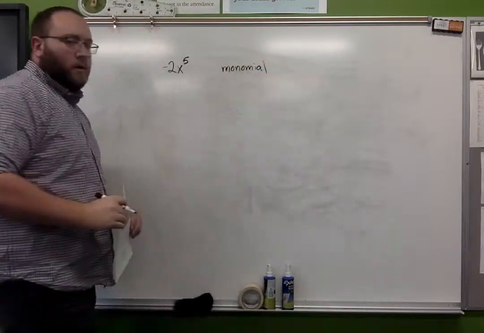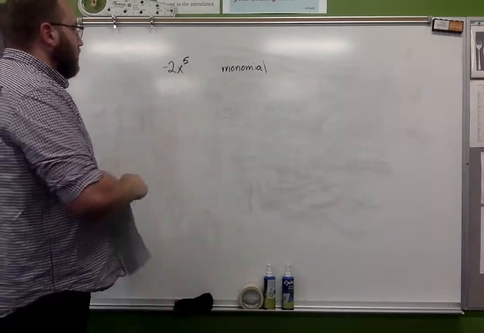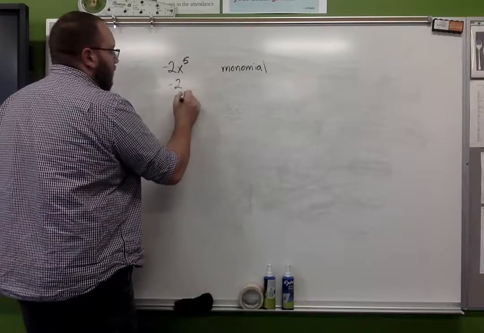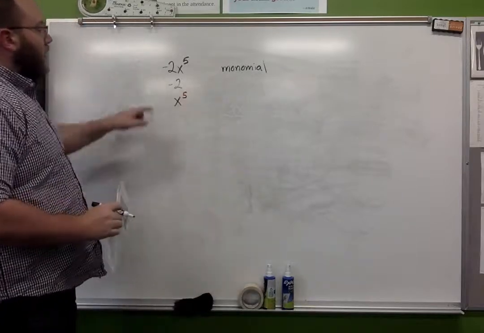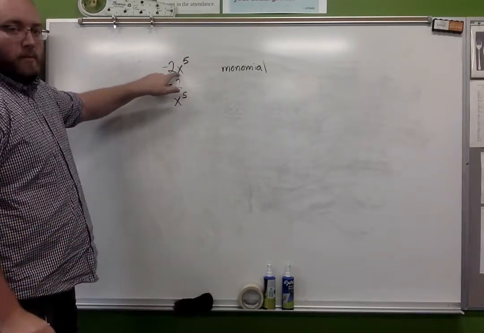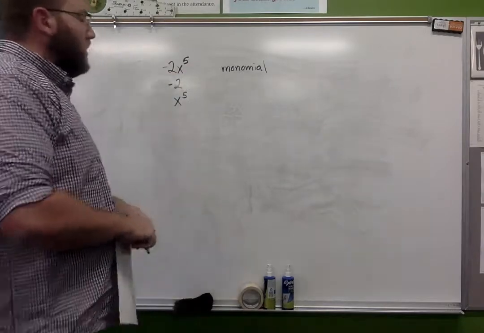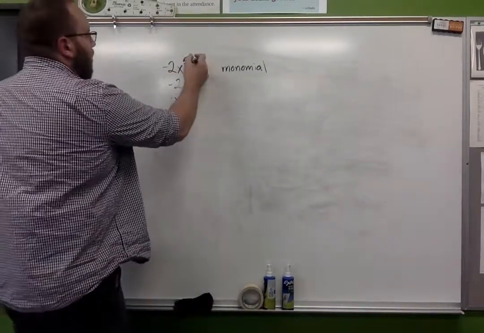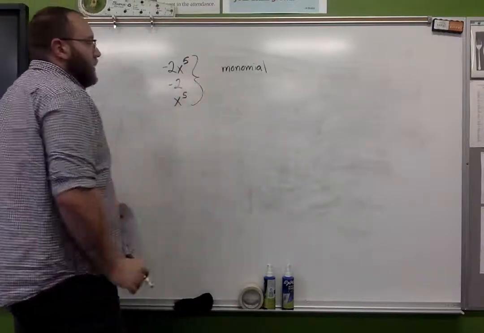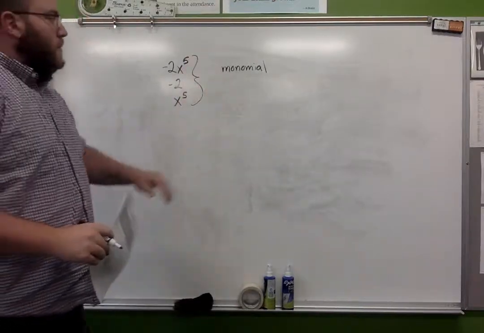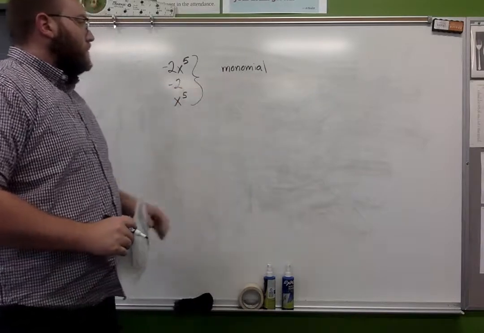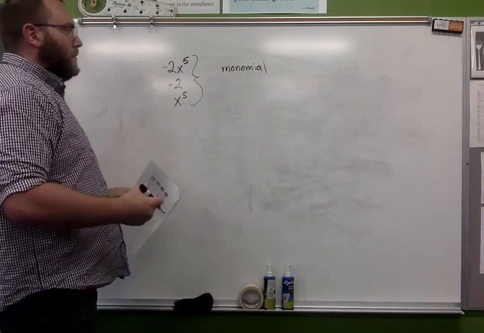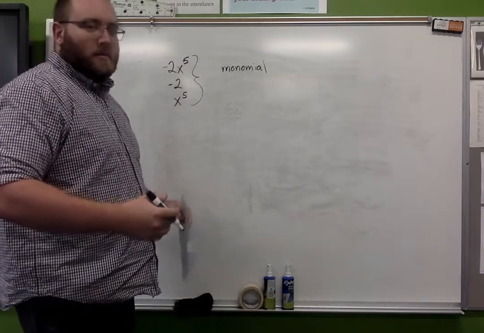A monomial is either just a number, so if it's just -2, or just a variable, or the product of a variable and a number. So all three of these are considered monomials. Mono meaning one, and nomial meaning number, but you don't say mononomial, it's monomial.